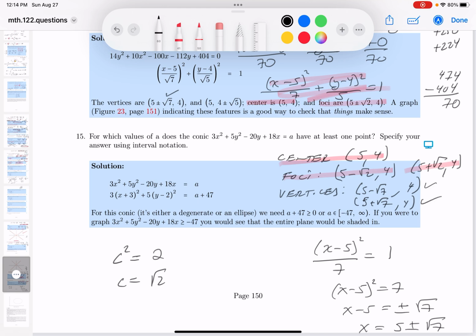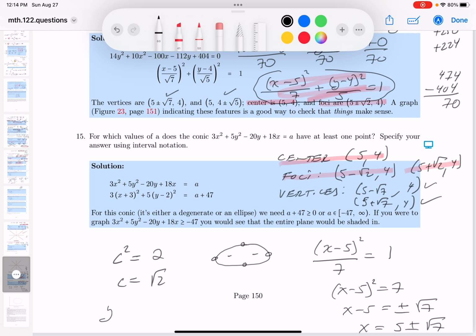And let me just talk about the other one. They're really not vertices, but they are interesting points on the curve. I'll talk about what I mean by that. We've got an ellipse that looks sort of like this over here. The vertices are these two points over here. Now, how do you do that? Well, again, you're looking back at this equation, and you're setting x to be 5. If you set x to be 5, what would you get?